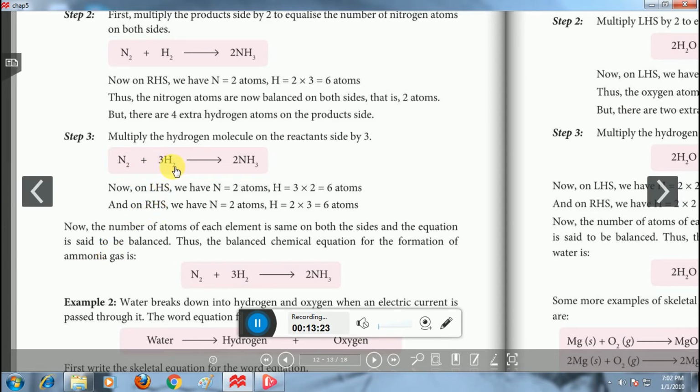Now 3H2 means 3 molecules of hydrogen. One molecule of hydrogen contains 2 hydrogen atoms. That means 3 molecules of hydrogen will contain 3 into 2, 6 atoms of hydrogen.